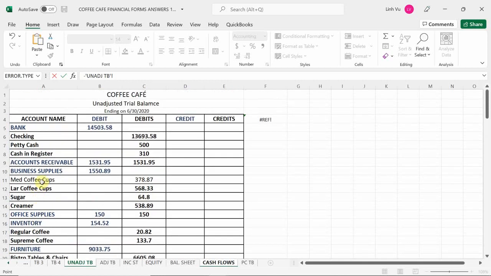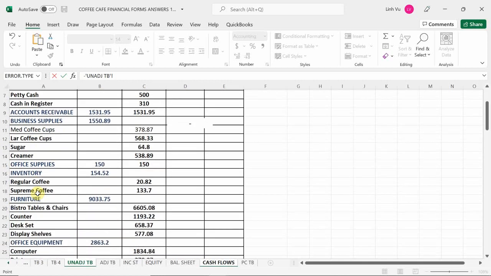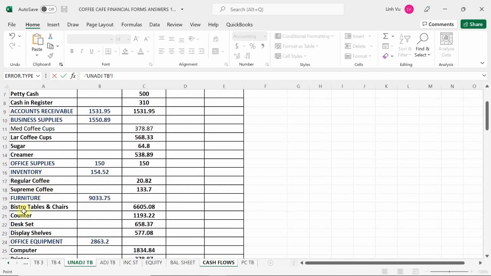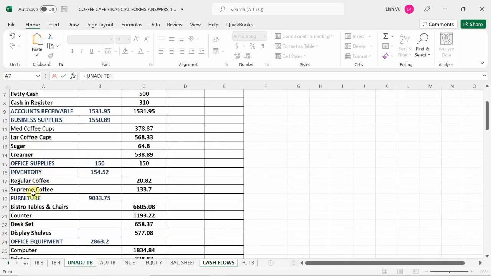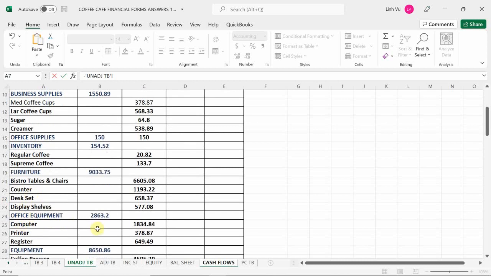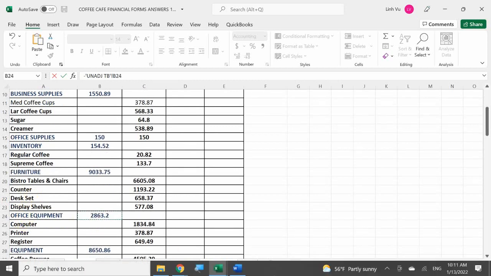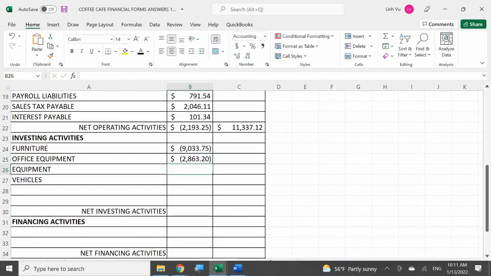So my furniture account was a total of $9,033.75. That's the money that we spent to buy furniture. What about office equipment? How much money did I spend to purchase office equipment? We spent $2,873.20.